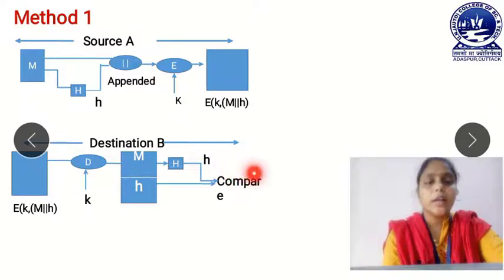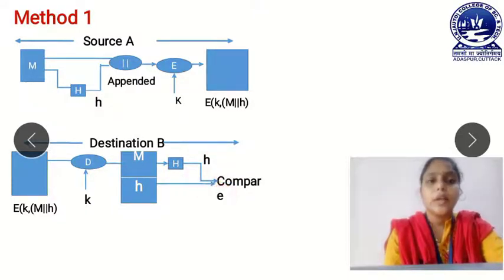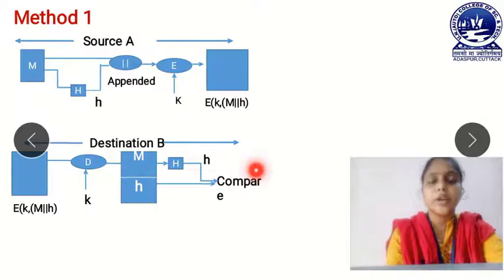Look here, when the destination B compares the generated hash value with the appended hash value, if these two hash values are equal, that means the destination B is sure that the message is coming from the authenticated sender.